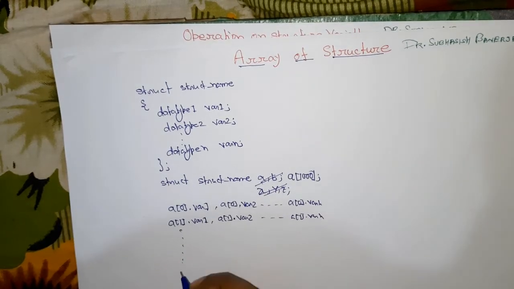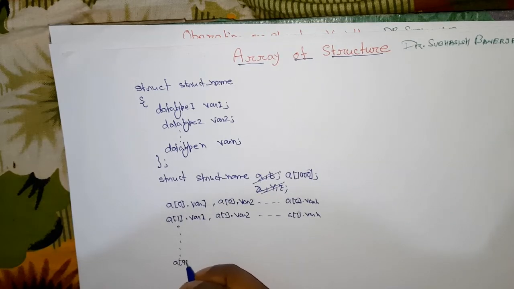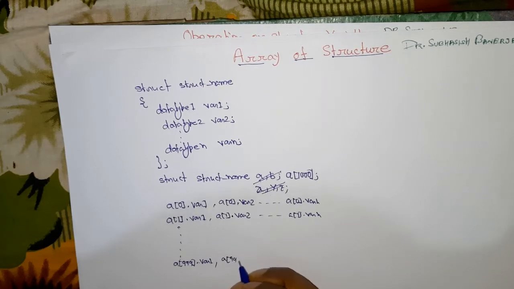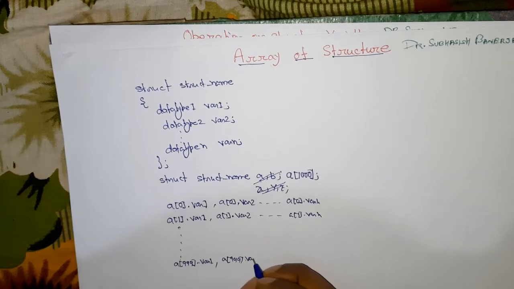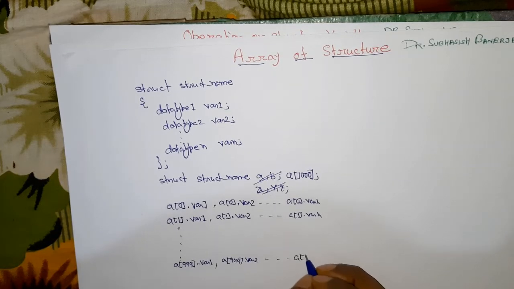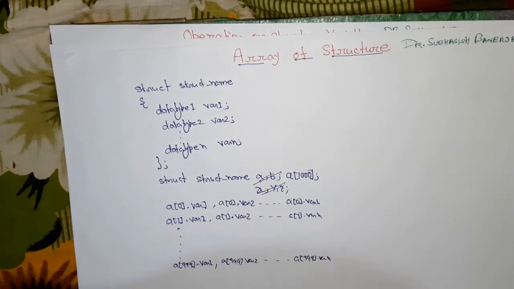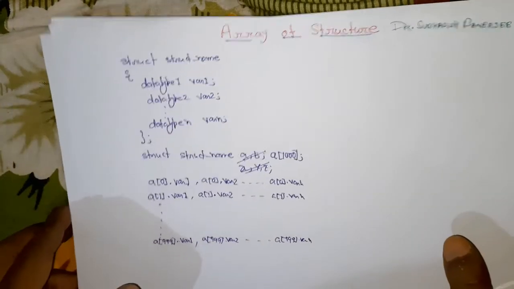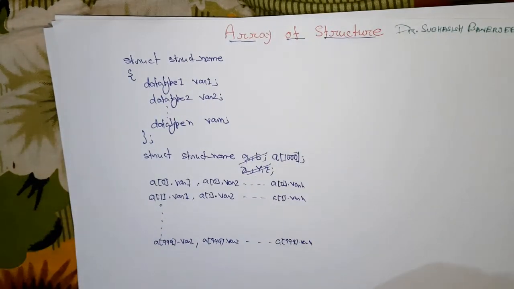In this way we continue, and at the last we can store A999 dot variable 1, A999 dot variable 2, similarly A999 dot variable n. So this many records can be stored. Is this clear? To store this many records, we can simply use iterations, loops, for storing the records and displaying them. So let's take an example, then it will be much clearer to you.